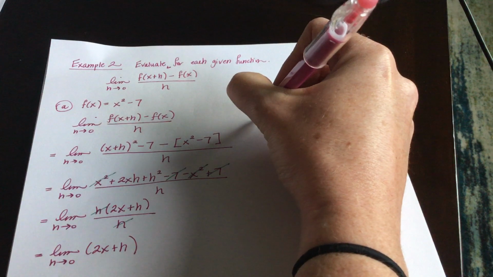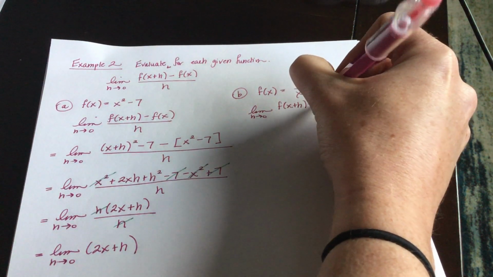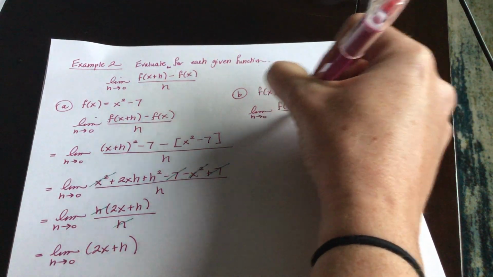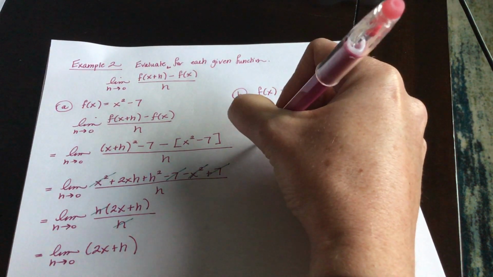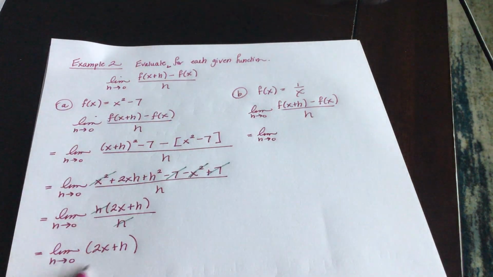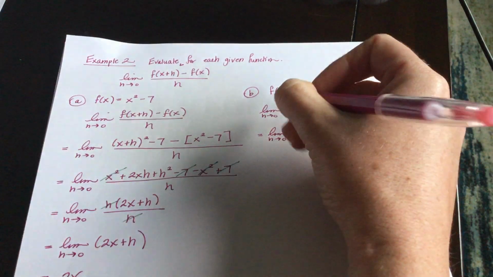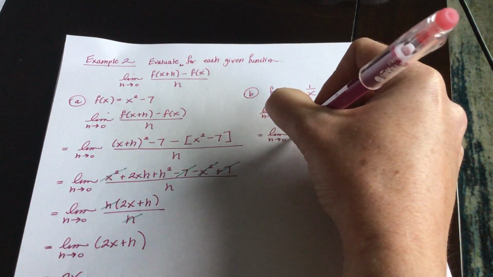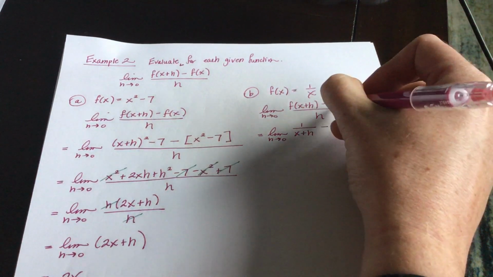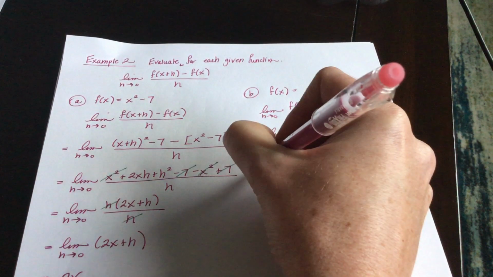So starting with the limit as h goes to 0 of f of the quantity x plus h minus f of x all over h. Then, still writing the limit expression, we're going to write it until we finally let h take on the value of 0 like we did here. So limit expression, and then let's figure out what's f of the quantity x plus h. It's 1 over the quantity x plus h minus f of x, which is 1 over x, all over h.